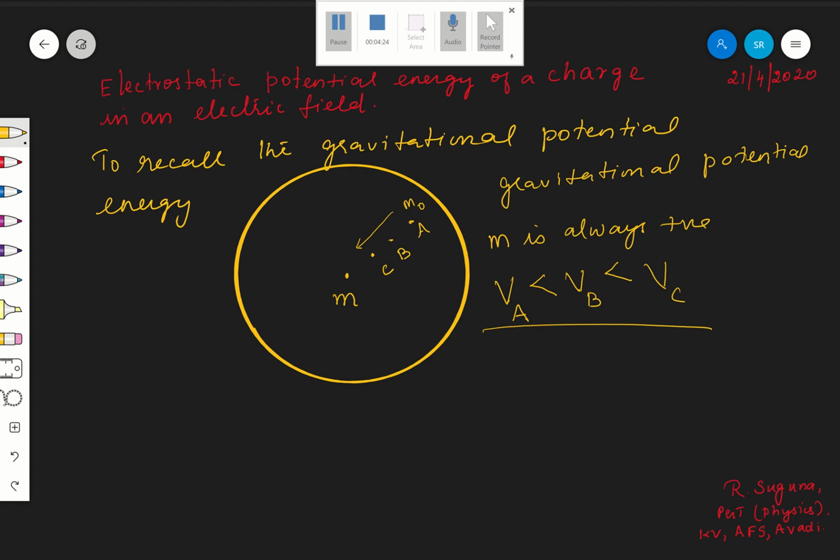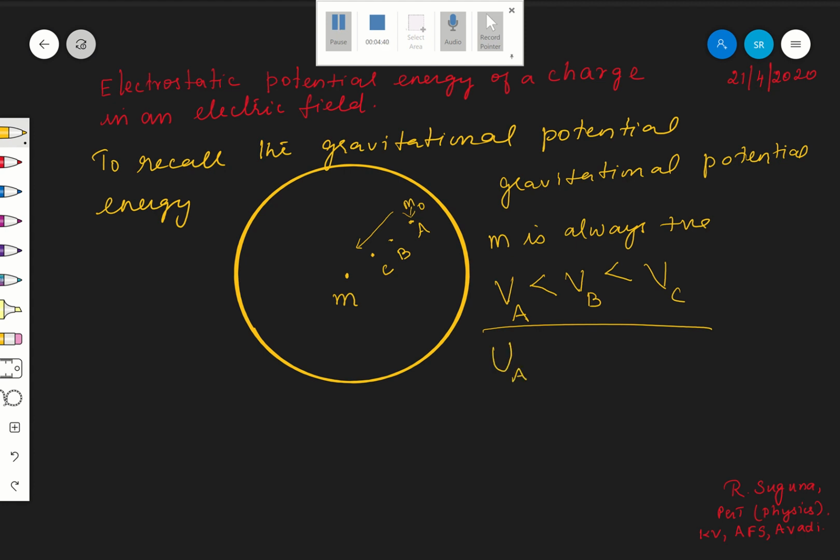When M0 is kept at A, it acquires a gravitational potential energy UA.